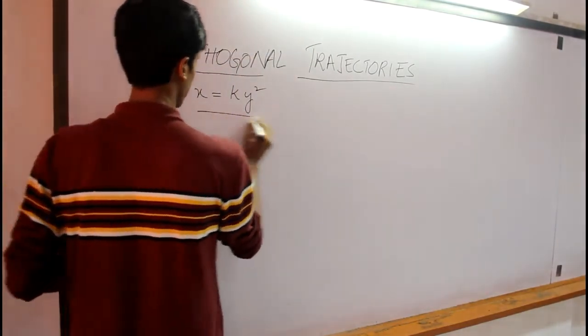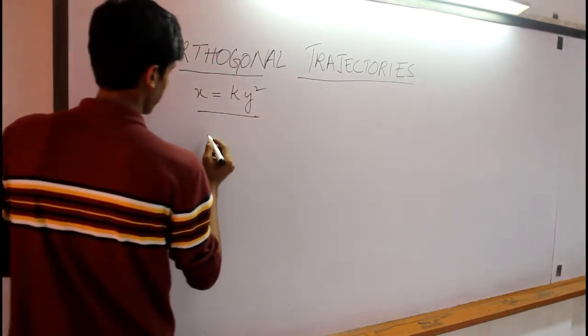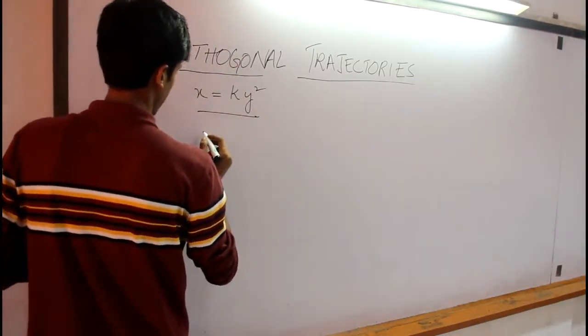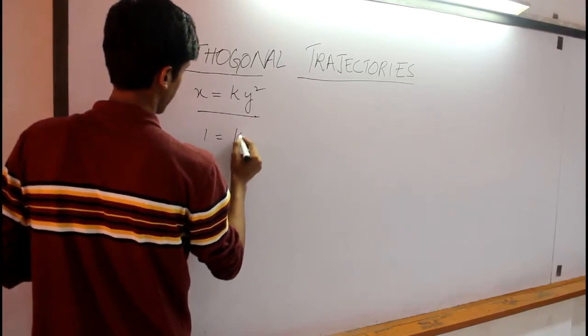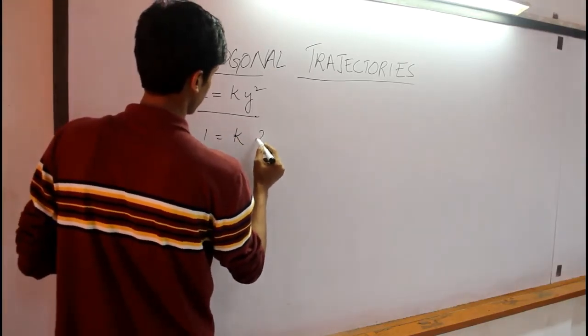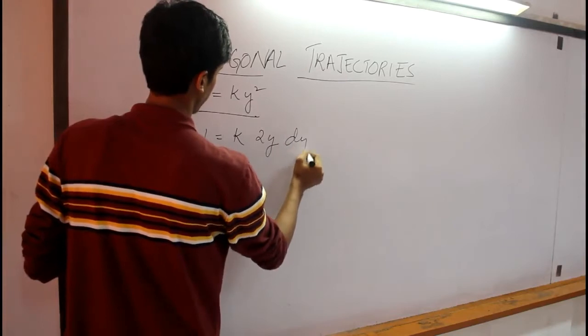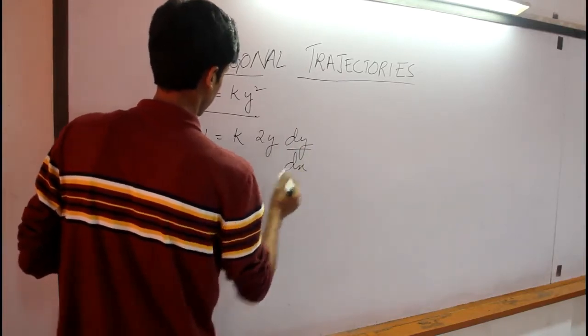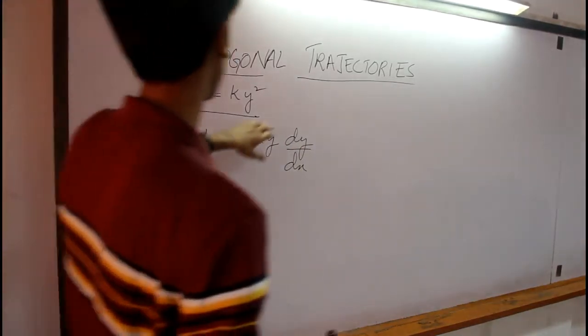So when we differentiate this equation, we get 1 equals k times 2y dy by dx. This is the slope of this equation.